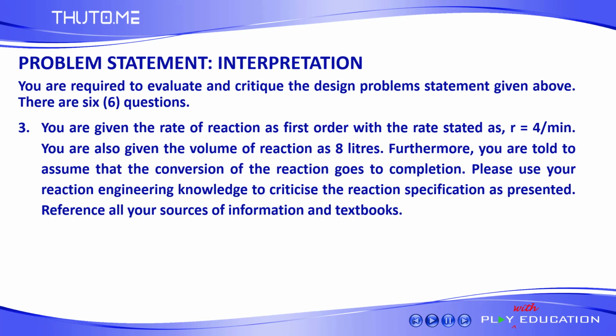You have also been given the reactor volume and, in addition, it is specified that the reaction goes to completion. Why is this part of the problem overspecified? Support your answer with reaction engineering knowledge and cite textbooks and literature references.